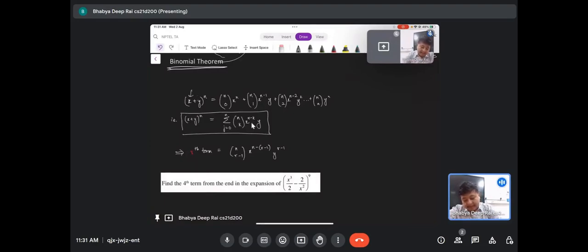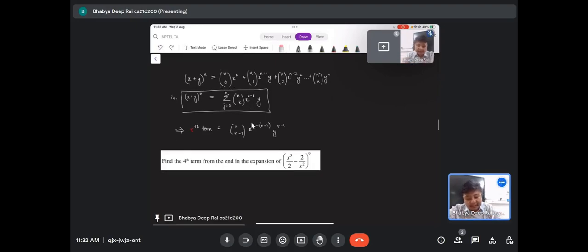Here, x plus y to the power n can be written as n choose 0 x to the n, n choose 1 x to the n minus 1 y, n choose 2 x to the n minus 2 y squared, and so on. Basically, it tells you for a particular term what the coefficients are, or how many of those terms exist in the expansion.